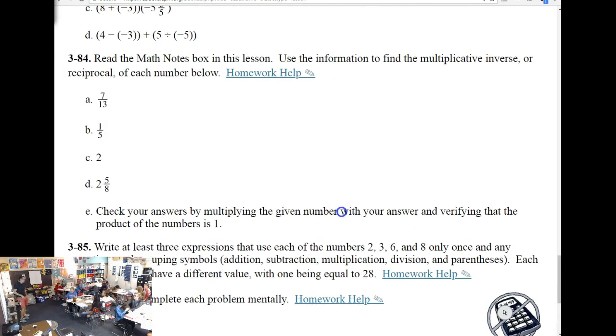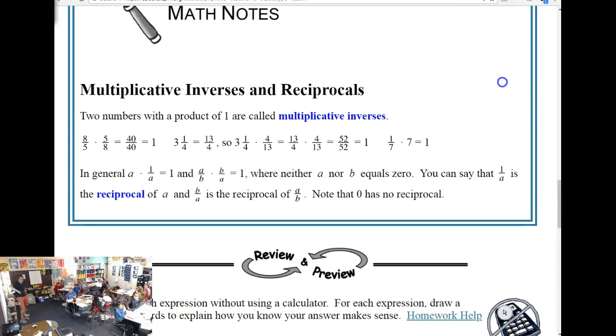Did you read the math notes box? Yeah, I didn't understand. Multiplicative inverses and reciprocals. There's a very minor difference. Well, not very minor. So there's additive inverses and multiplicative inverses. Inverse means, like, essentially does the opposite, right? So 8/5 compared to 5/8, when I multiply them, I get 40 over 40, which reduces out to 1.